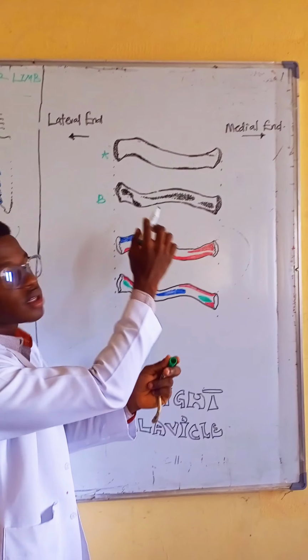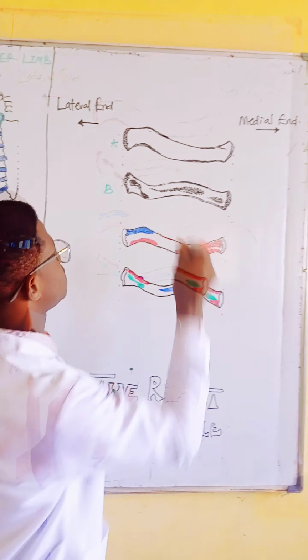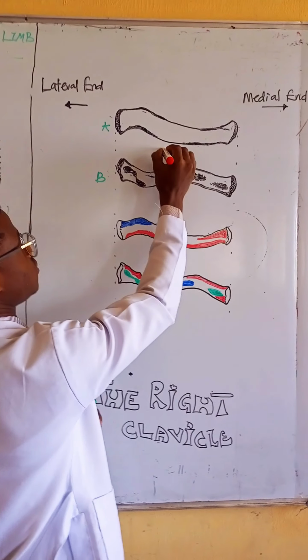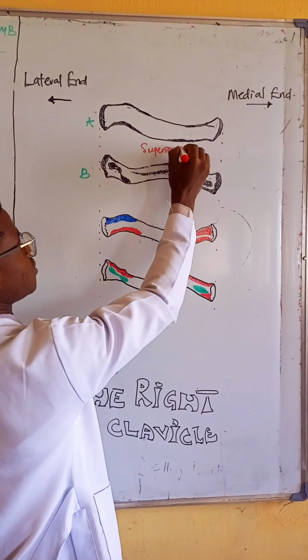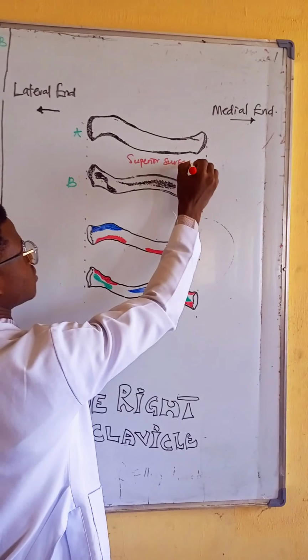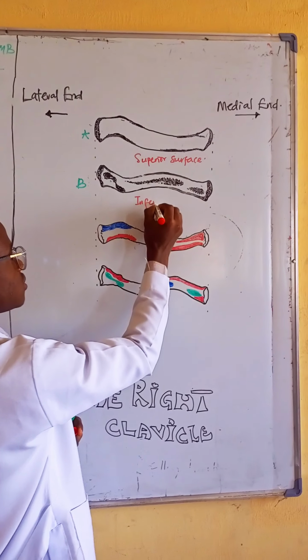This, this, and this. So I'll be writing these as the superior surface, then these as the inferior surface.